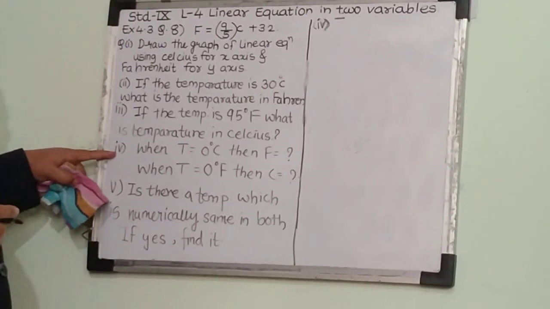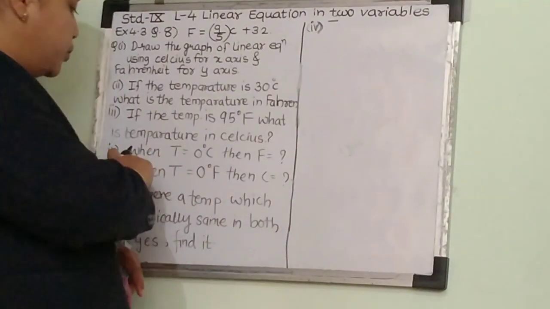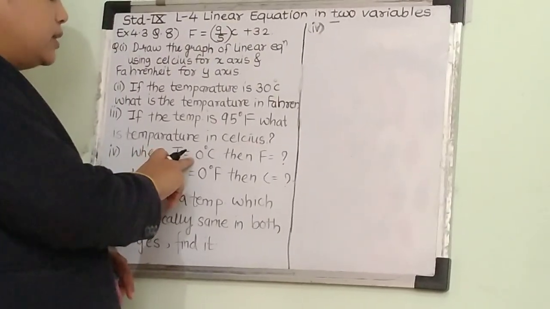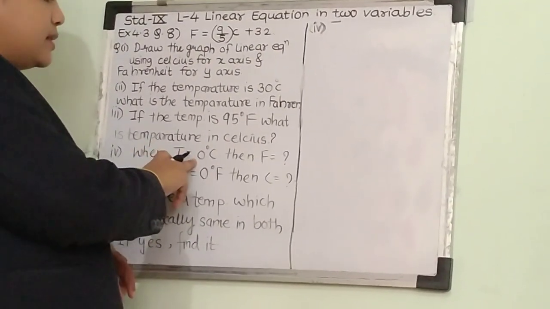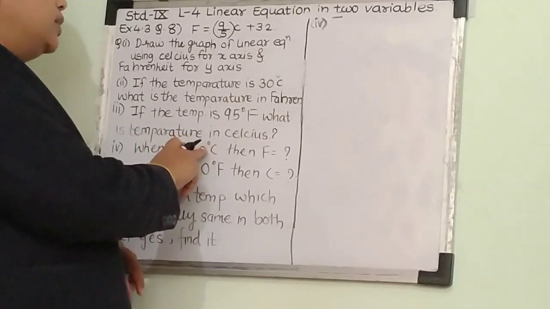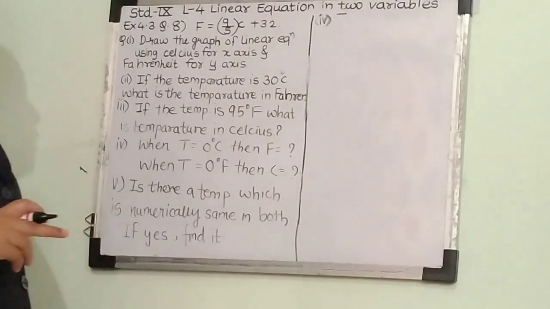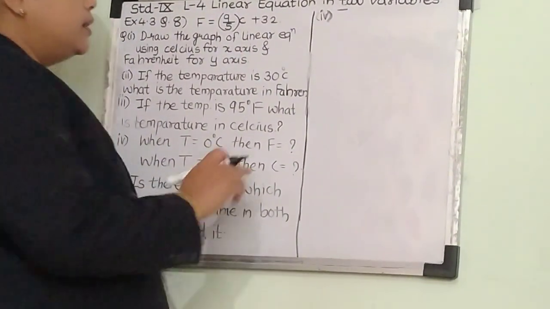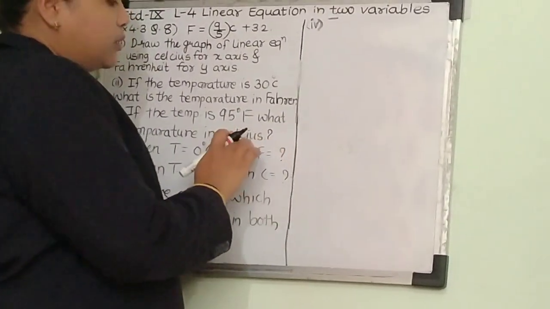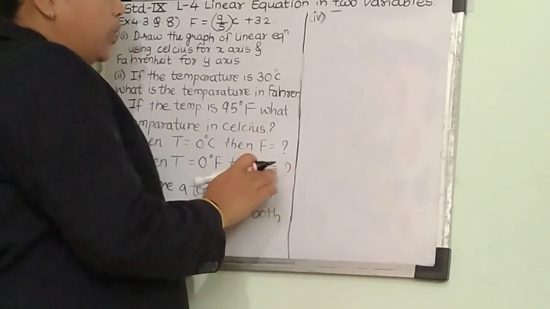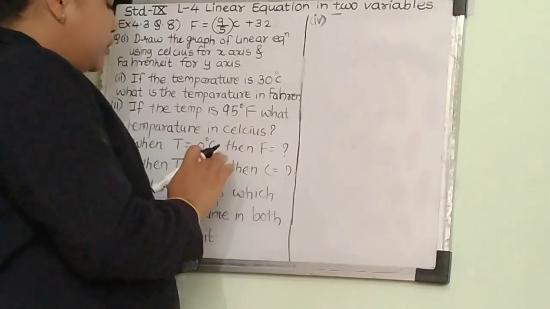Now next question, that is question number 4. When T, means temperature in Celsius, is given 0 degree Celsius, then we have to find the temperature in Fahrenheit. Here I am writing the shortcut question, so I will read only the question.